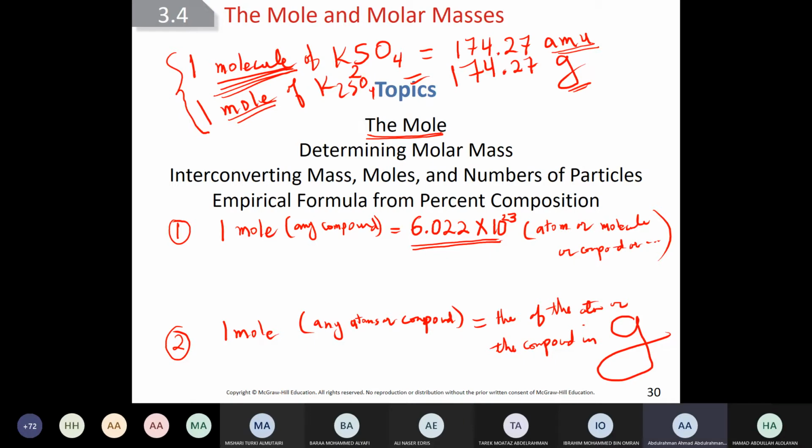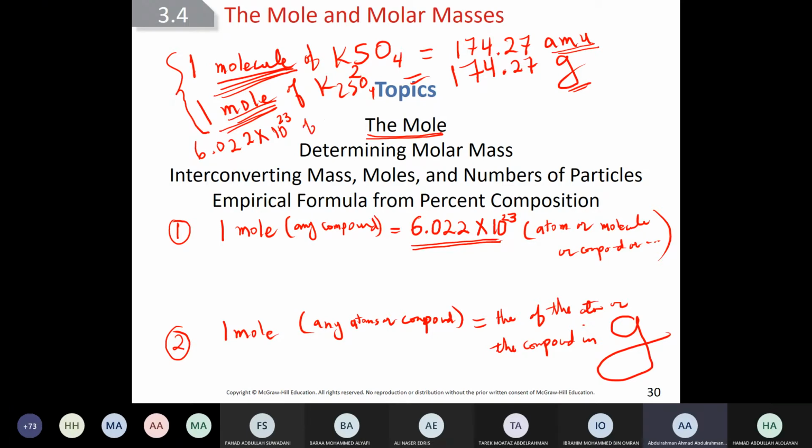When do I multiply by the Avogadro number? Just a second, we did not finish. Let me finish now. 1 mole is equal to what? 6.022 times 10 to the power 23.